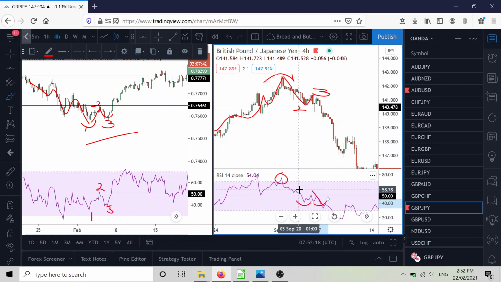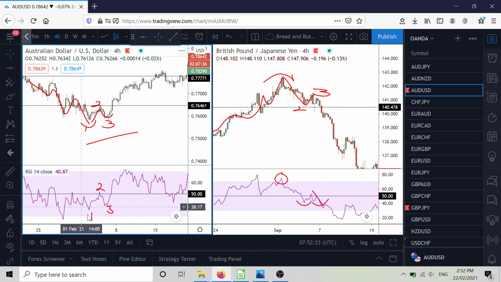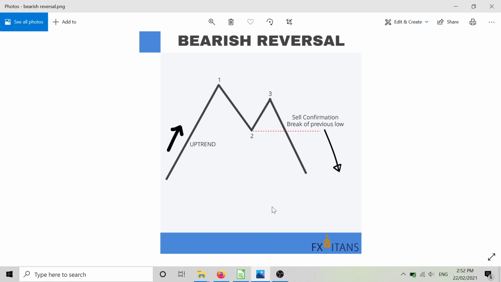And that's the key to trade the 1, 2, 3 reversal pattern with the RSI. Same thing again with the bullish: from lower than 50, goes higher than 50, goes lower again, and then breaks point number 2. So basically same thing. Again, you can see here the bullish and bearish reversal is a really good, strong reversal signal.